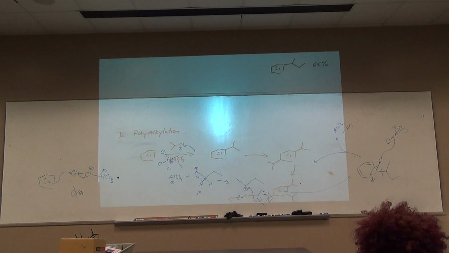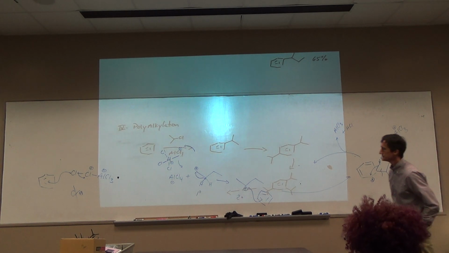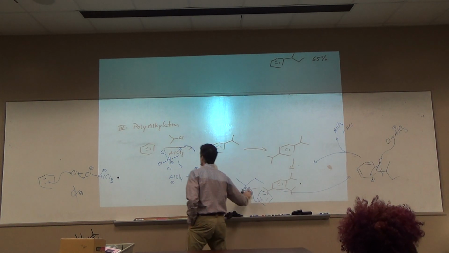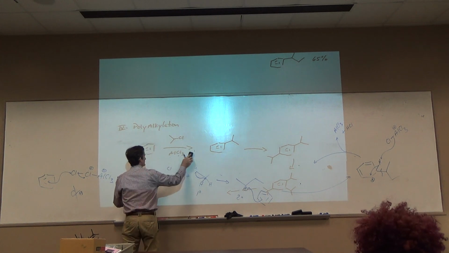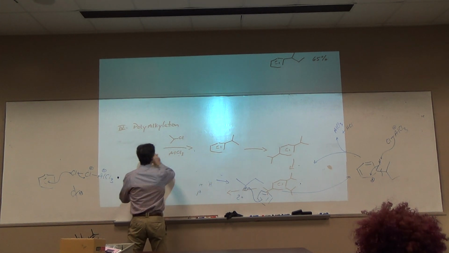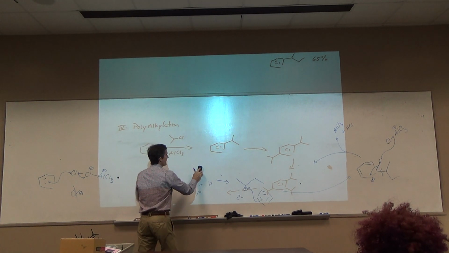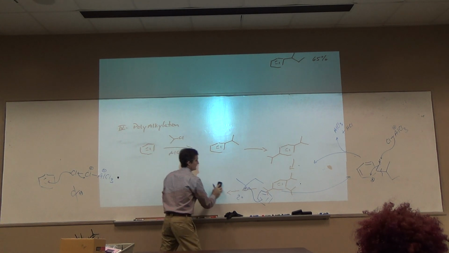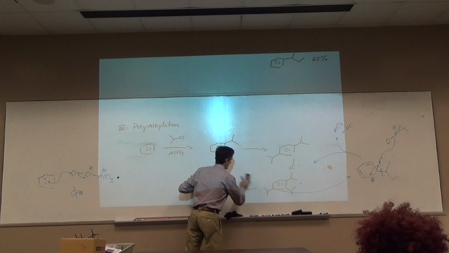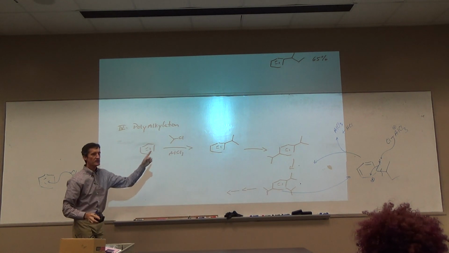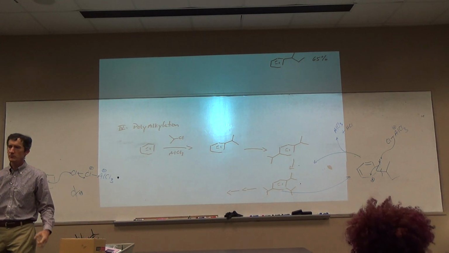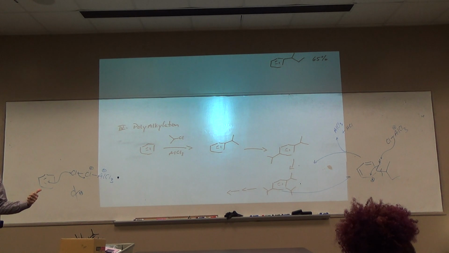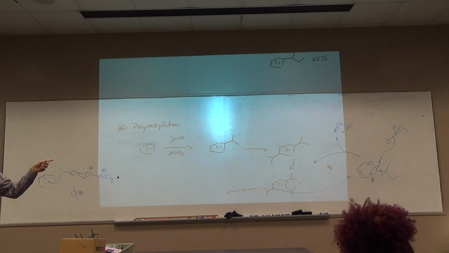Another limitation is polyalkylation. If you take benzene and you try to make isopropyl benzene, which actually does have a common name. Methylbenzene is toluene. Isopropyl benzene, I'm pretty sure is called cumene, but you don't need to know that.